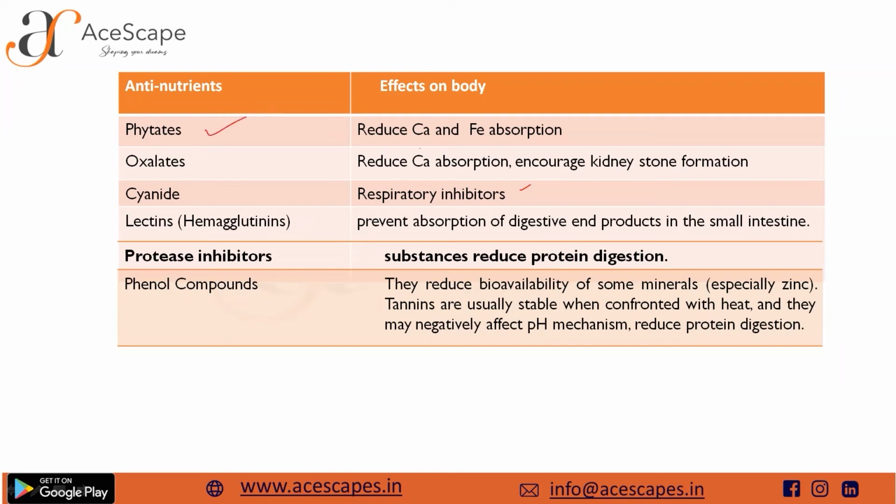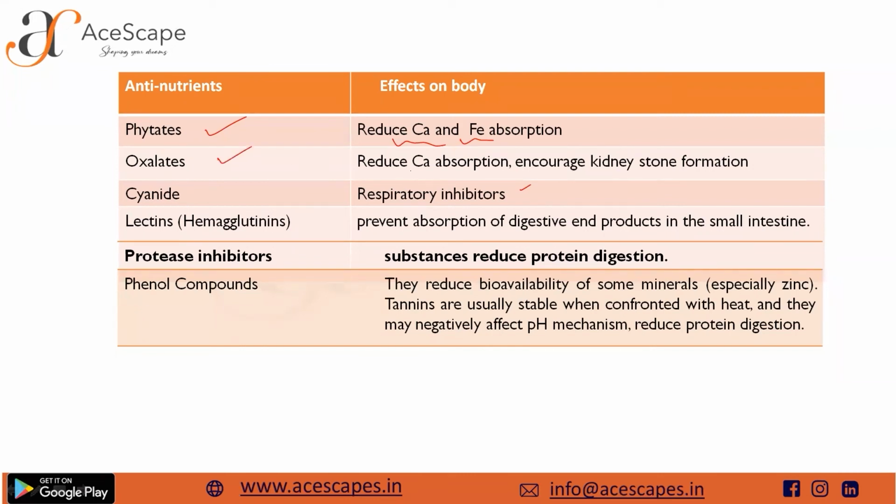These phytates will go and bind with calcium and iron. And thus the absorption of calcium and iron will reduce. That is the effect of phytates on our body. And the second one is oxalate.